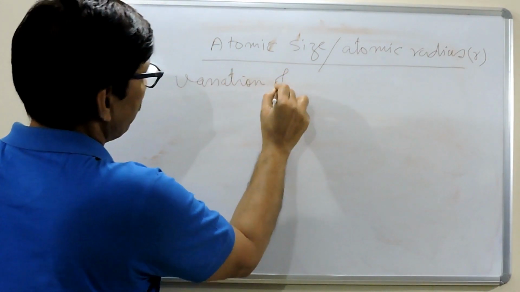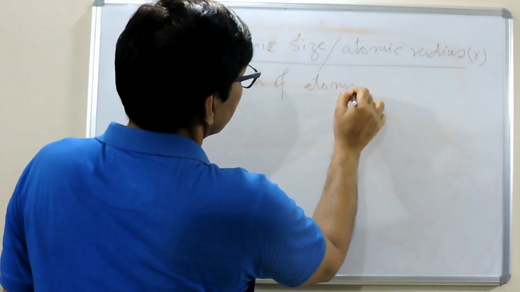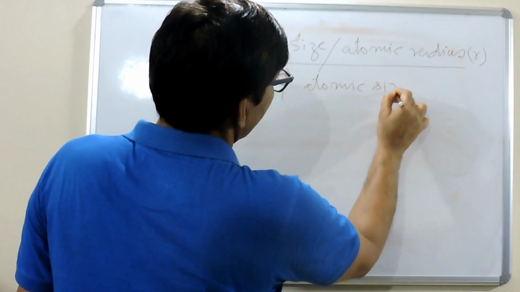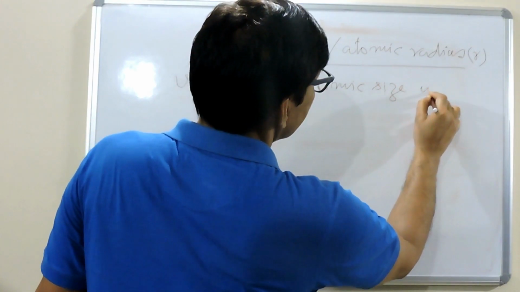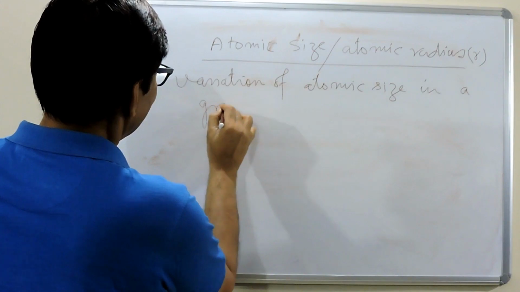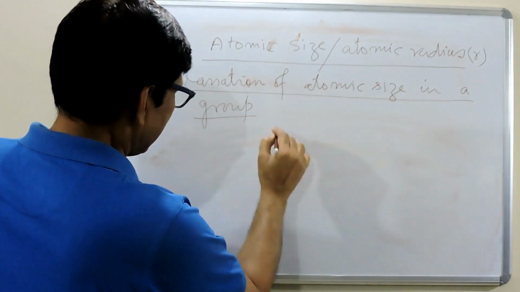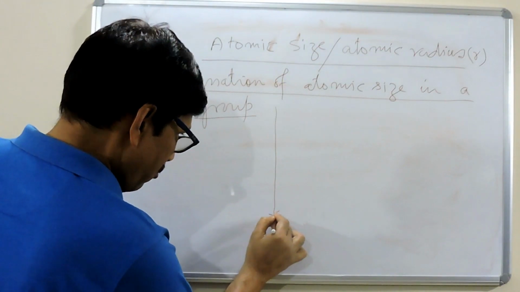Variation of atomic size in a group, that is downward in a group.